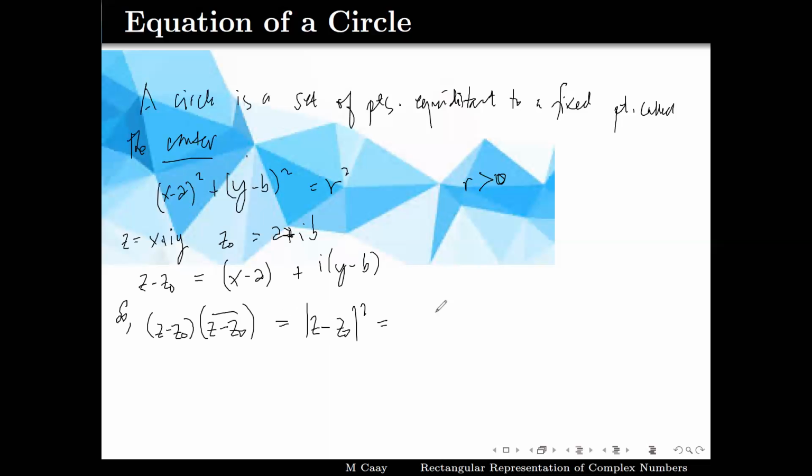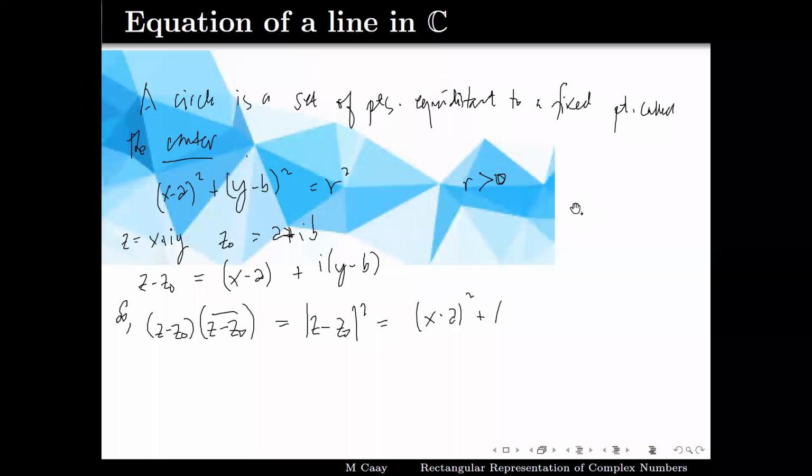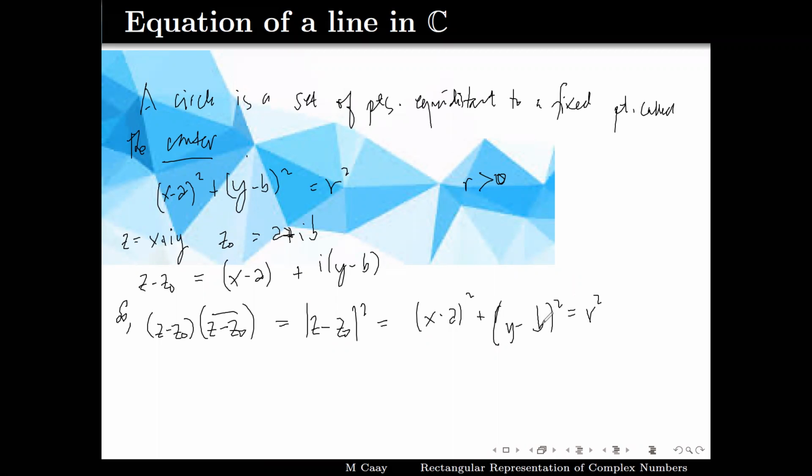So I would get (x minus a) squared plus (y minus b) squared equals r squared.